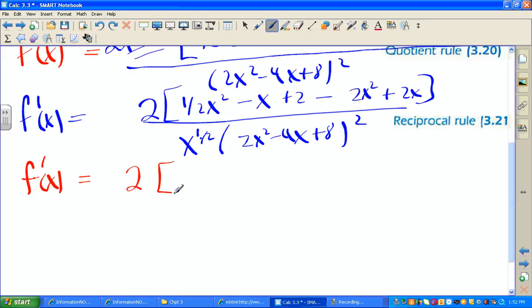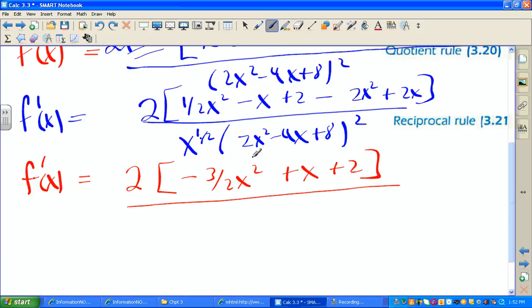Should I leave the 2 alone yet until I'm done in here? I think so. Negative 3/2 x squared plus x plus 2, all over x to the 1/2, 2x squared minus 4x plus 8 squared.